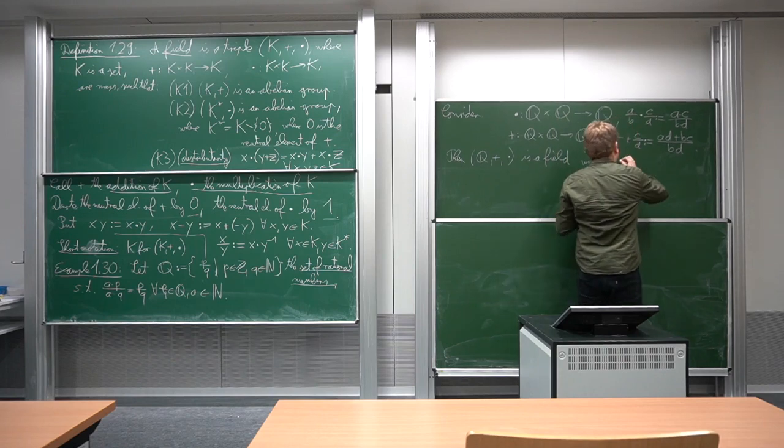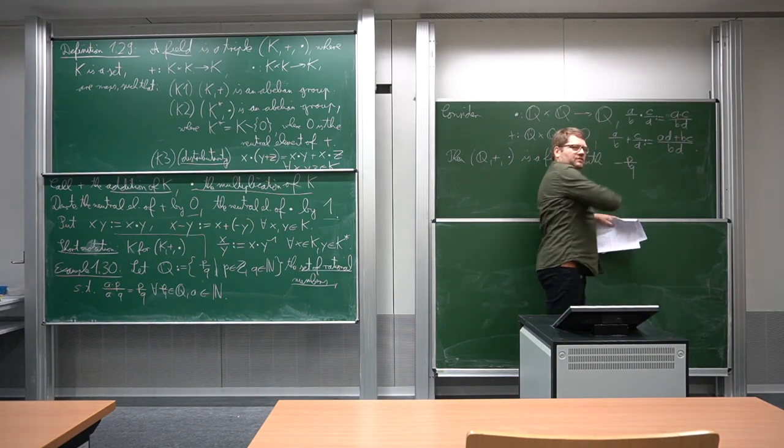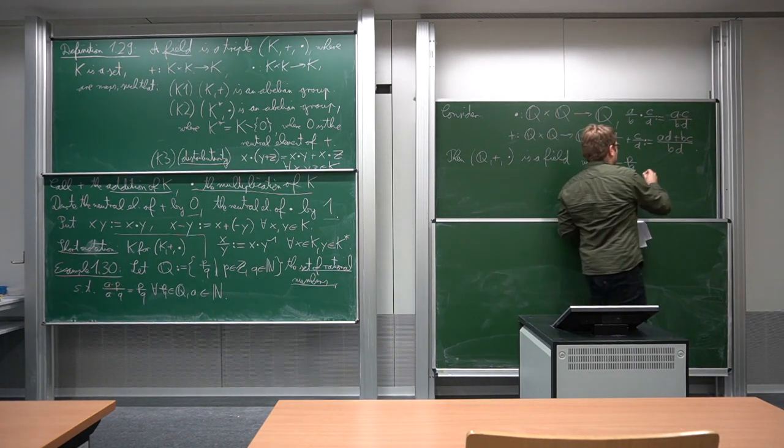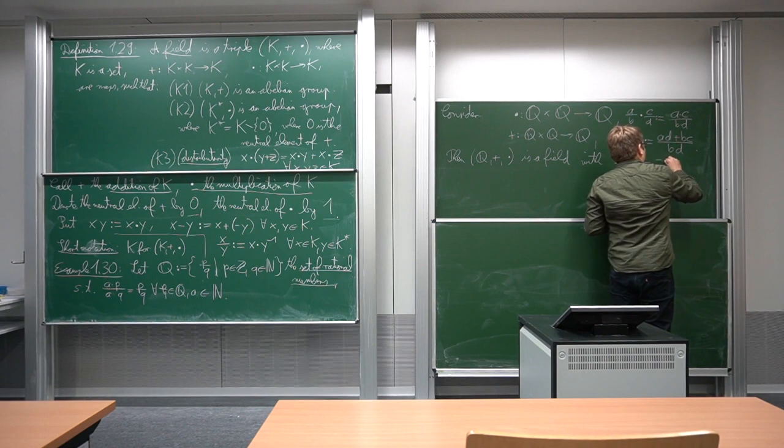And we know the inverses of these elements. 0 and 1 are clear, and we know that minus p over q, the additive inverse of p over q, is just as a fraction minus p over q.